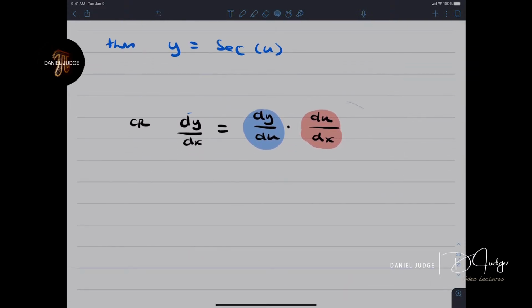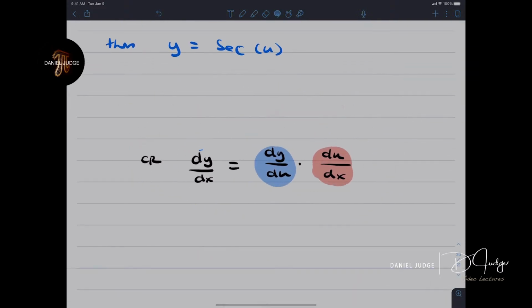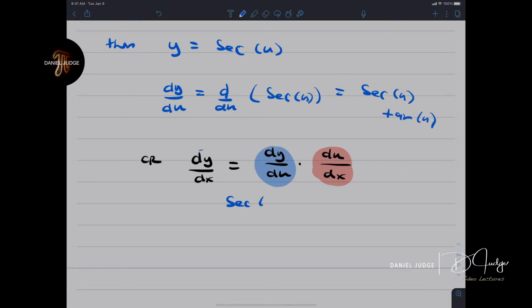So derivative of secant. And you guys know the derivative of secant is secant tangent. So this portion is secant tangent.